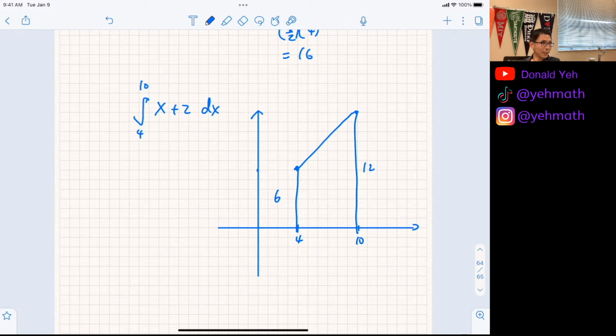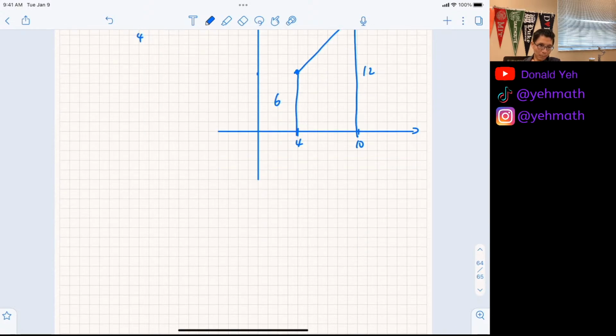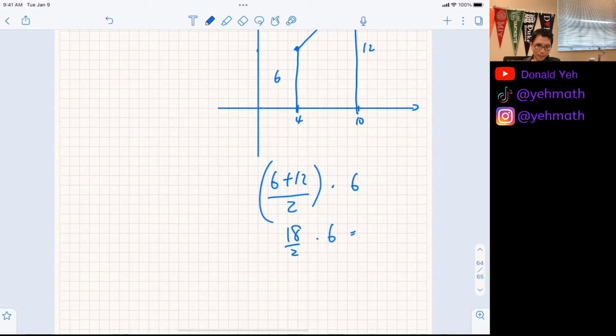You don't know how high it is? Plug in the function, you're gonna get the output, right? Is that fair? Absolutely. So it's gonna be 6 plus 12 over 2. That's the average of 2 bases. Multiply by height. Height is 10 minus 4, which is 6. So that is gonna give you 18 over 2 times 6, 54.